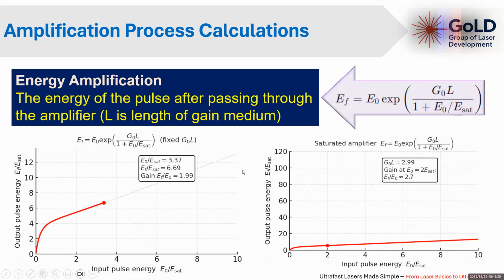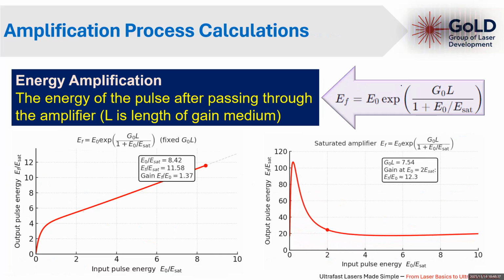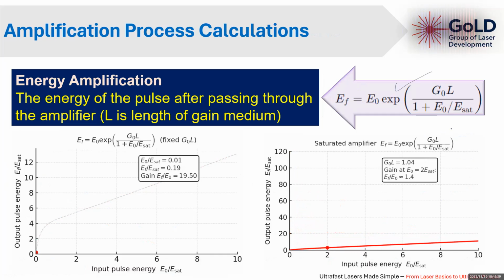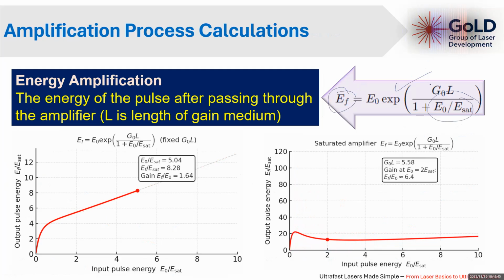Now, the amplifier energy actually. This is the equation you can see on the right side here. This is your input energy, this is your output energy, and this is your small signal gain, the low energy gain. And L is introduced here.